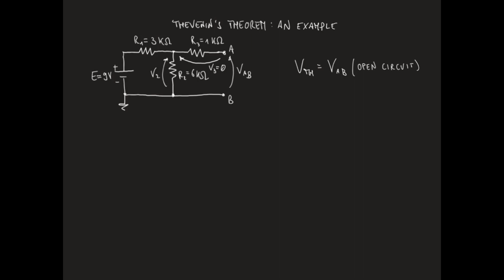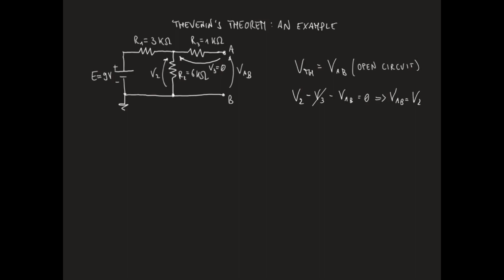Actually, based on Kirchhoff's law for voltages, we can write that V2 minus V3 minus VAB is equal to 0. But V3 is 0. So from here we get VAB equal to V2.